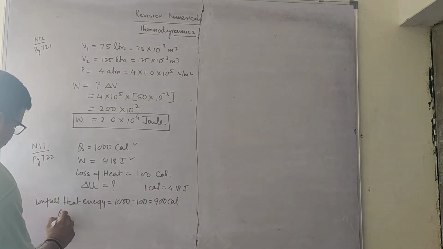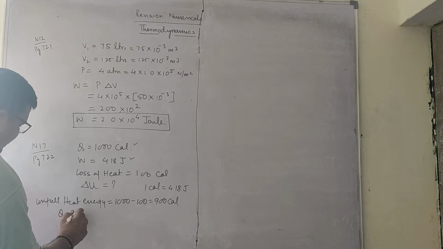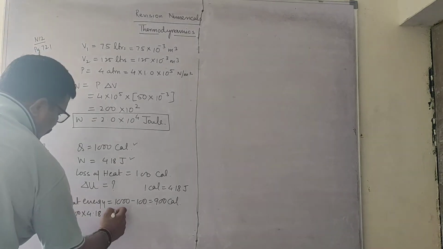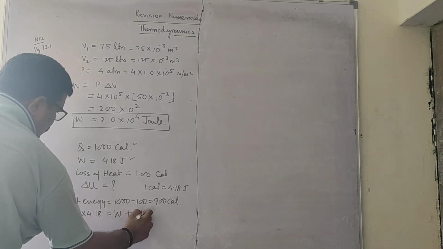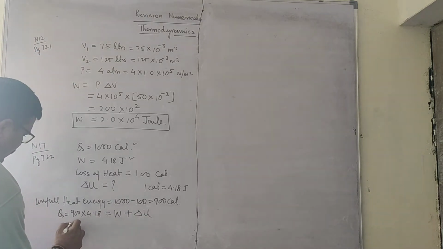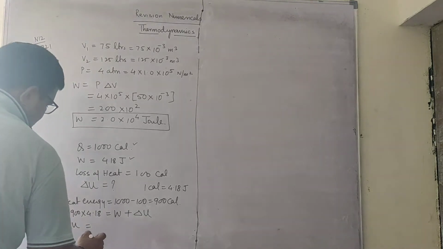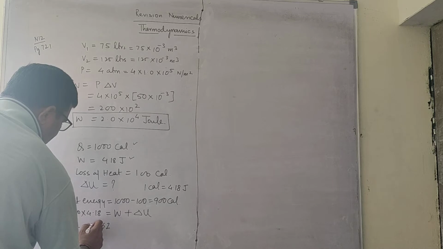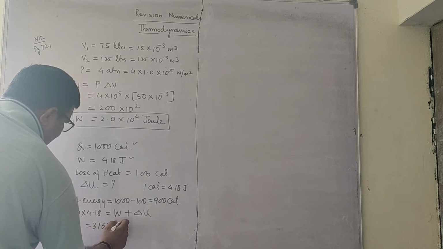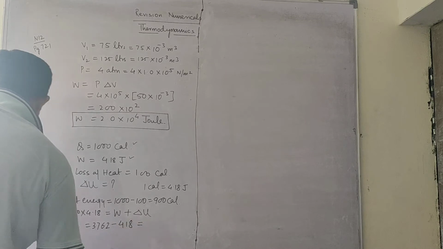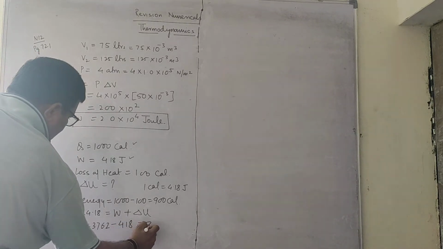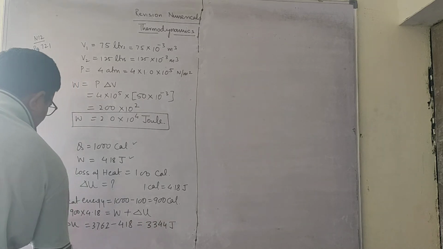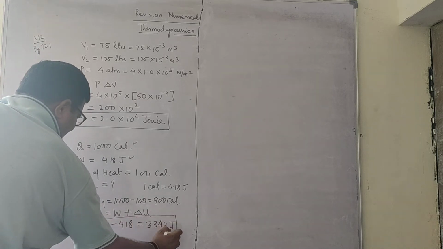So Q, that is 900 into 4.18 is equal to work done plus delta U. So delta U is equal to minus 418, that is equal to 3344 joule. This is the answer for numerical number 17.